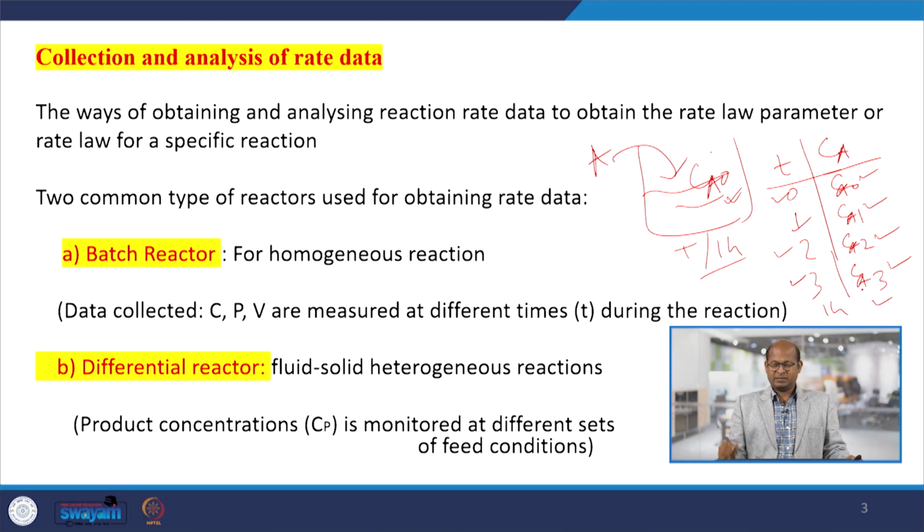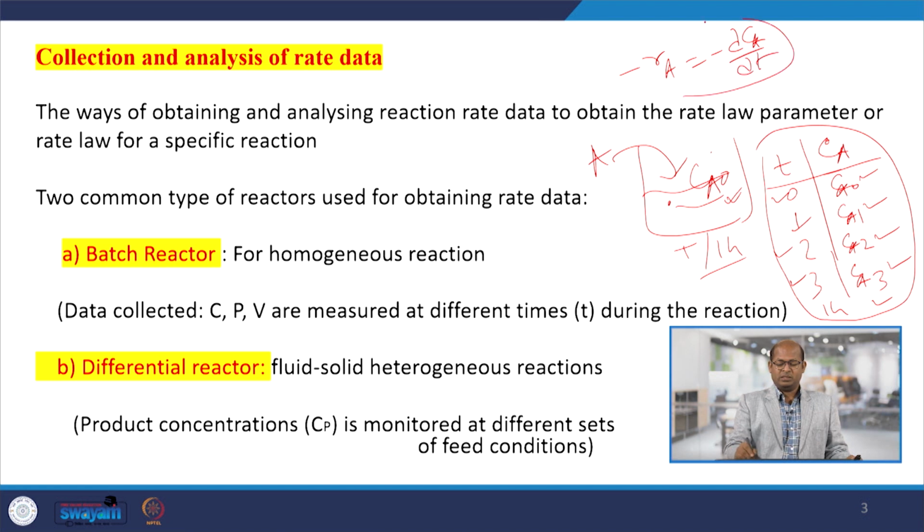So, we can collect samples from here, measure and analyze them, and we can get the reactant concentration CA. This is the data we can get from the batch reactor, and normally we express the rate as minus dCA by dt. This way we usually write the rate equation. Batch reactors are usually used for homogeneous reactions.